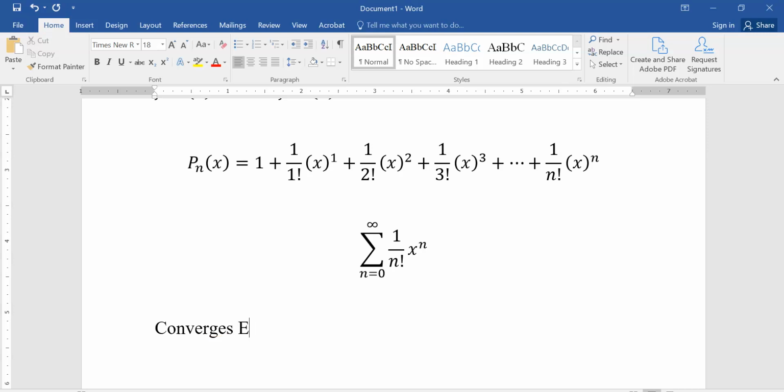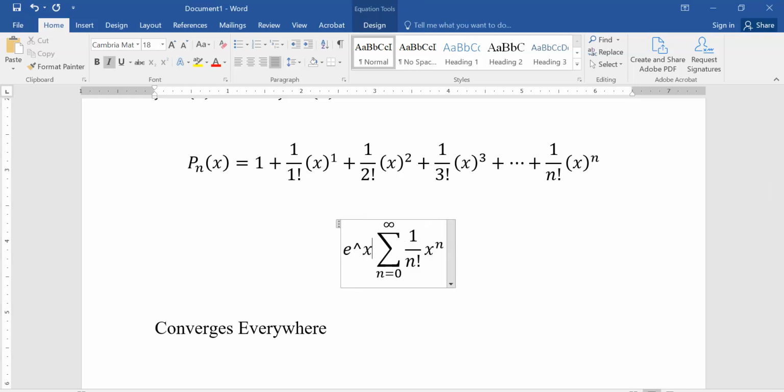In other words, it converges no matter what value of x you plug in. So this is actually e to the x for no matter what value of x we plug in, right? We're saying that this power series gives you the same result as plugging in to e to the x, no matter what value of x we plug in, because it converges everywhere.